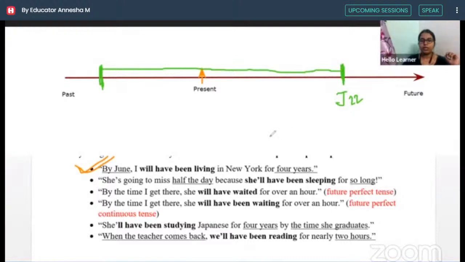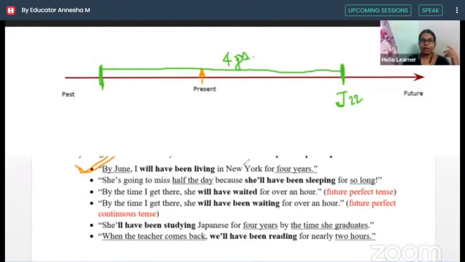Because I'm saying June, maybe you are getting confused, let's say July 2022. July has not come yet, today is the 1st, so I can say by July 2022 how many years will I have been living here, I will have completed 4 years.